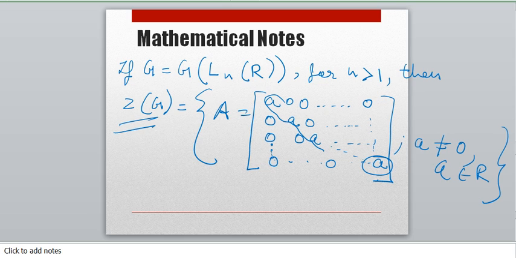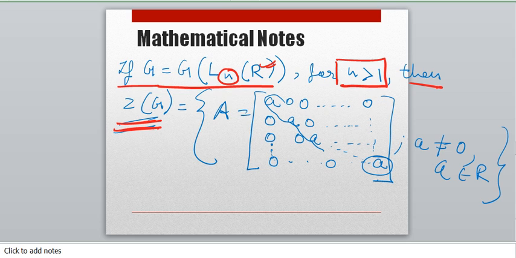If G is some general linear group of order n of real numbers such that n is greater than 1, then the center Z(G) can be found this way: the matrix A on the diagonal, continuing right on till A here, and everywhere else is 0.